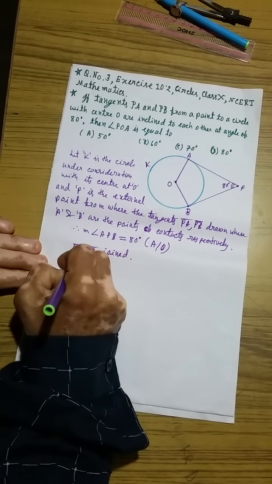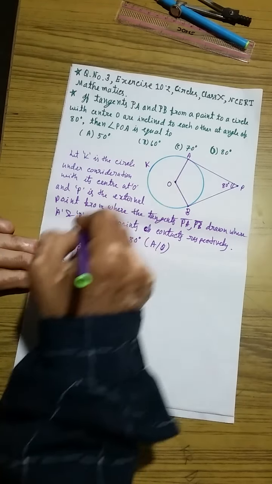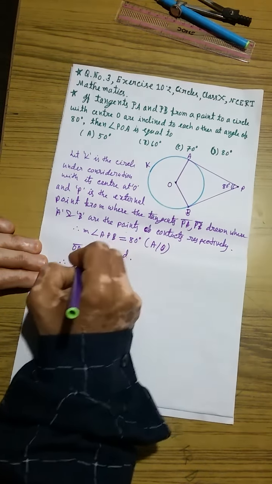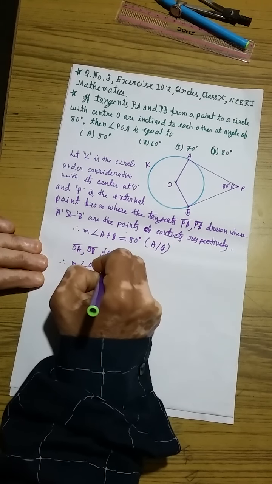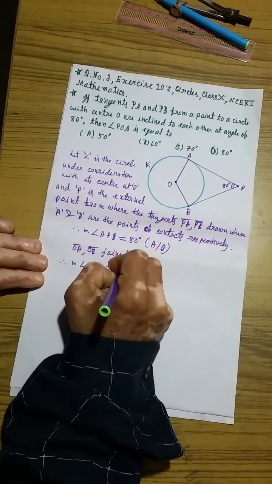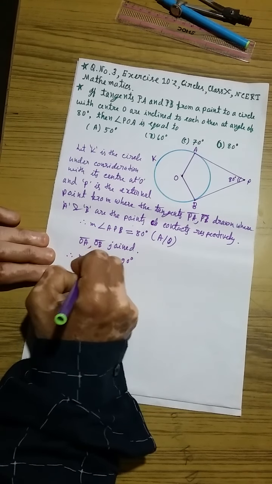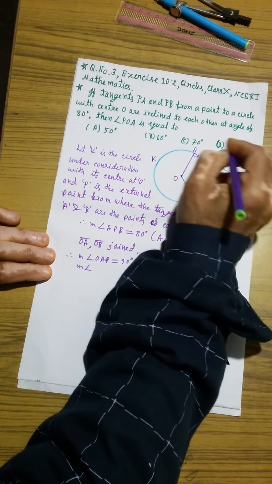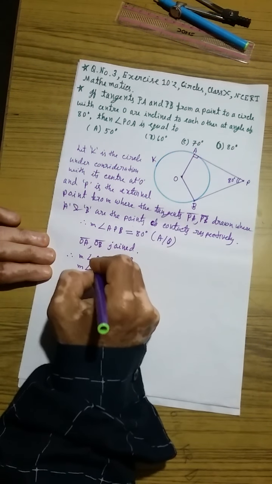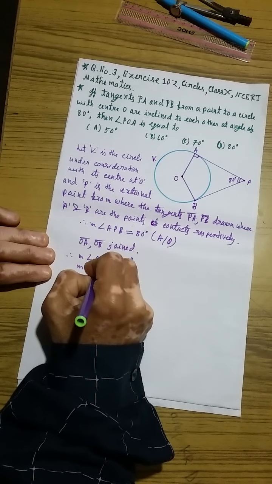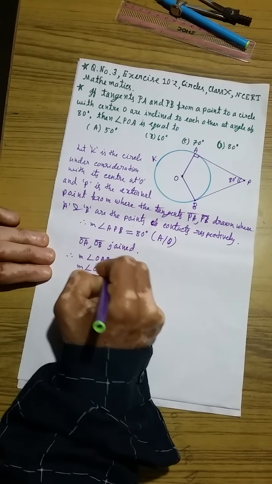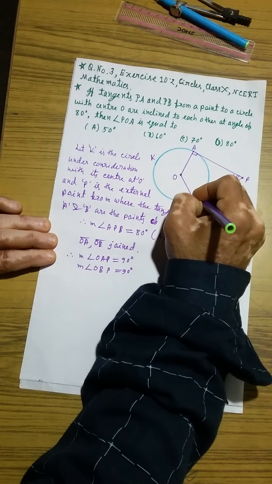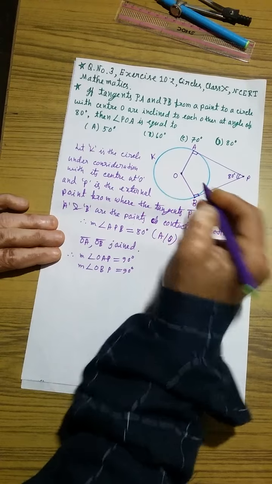Therefore, measure of the angle OAP is equal to 90 degrees. Measure of the angle OBP is also equal to 90 degrees.